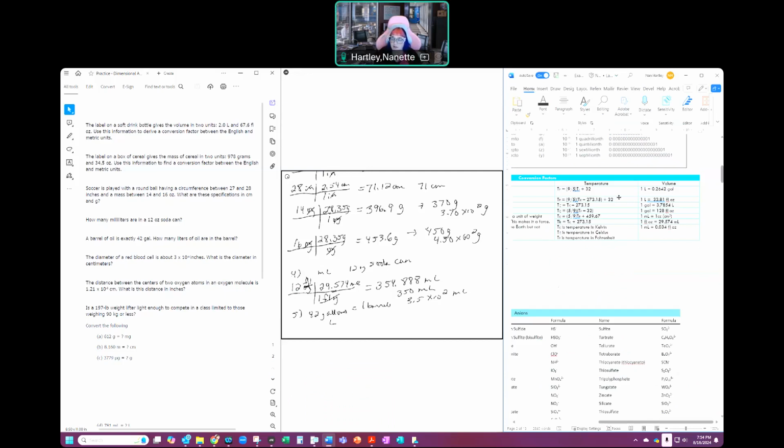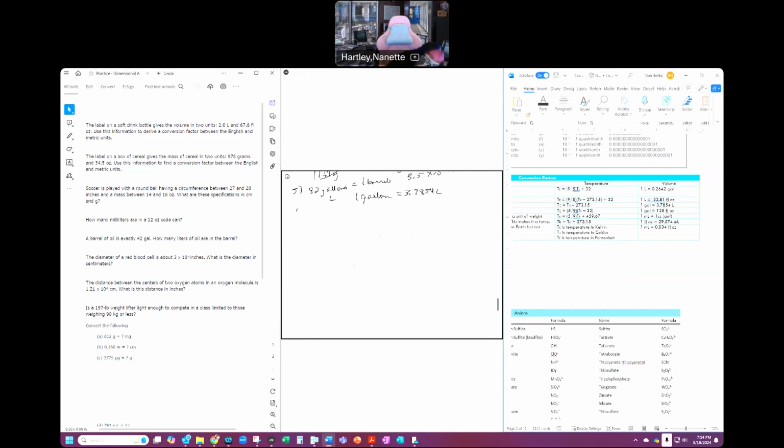Look, 1 gallon is equal to 3.7854 liters. So 1 gallon, 3.7854 liters. So 42 gallons, 1 gallon is 3.7854 liters.